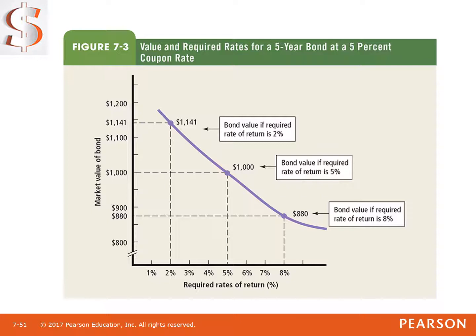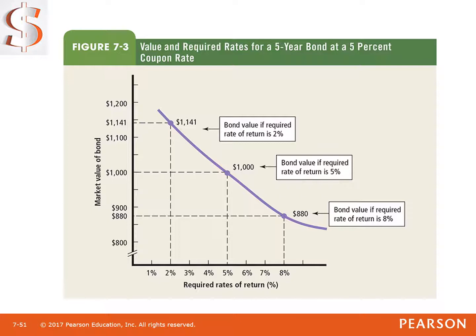If the required rate of return is 2%, how much is someone willing to pay to receive a 5-year bond that pays 5%? $1,141. Someone wants a 5% rate of return, they're only going to pay $1,000. Someone wants an 8% return, well, this is only paying 5. I'm willing to pay $880.